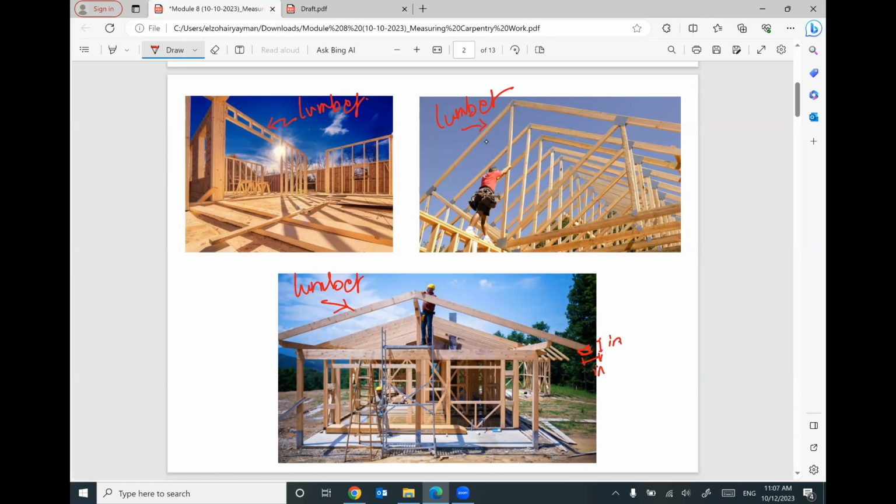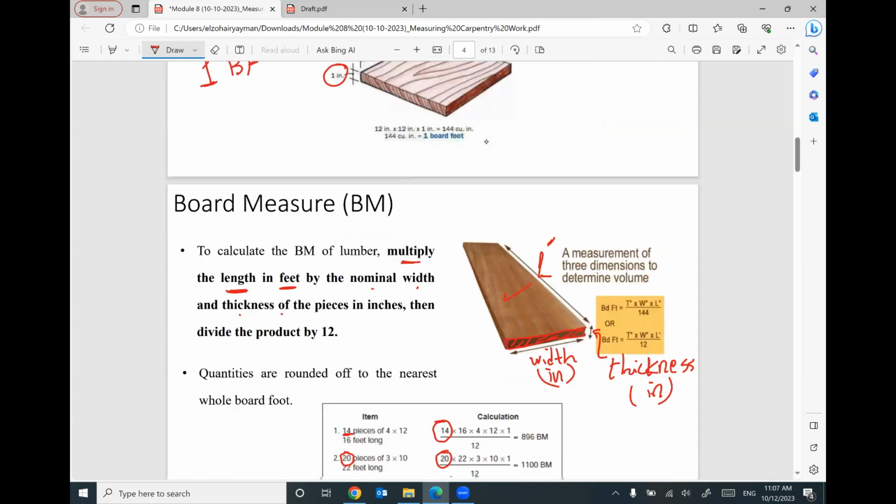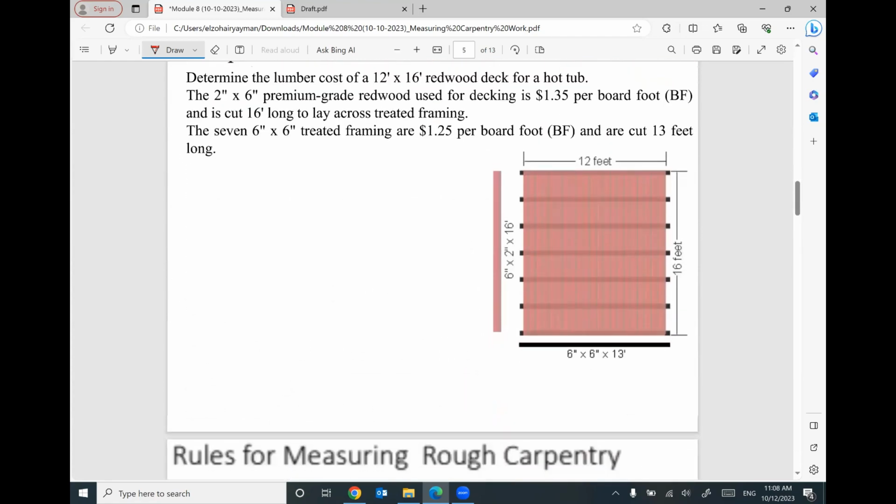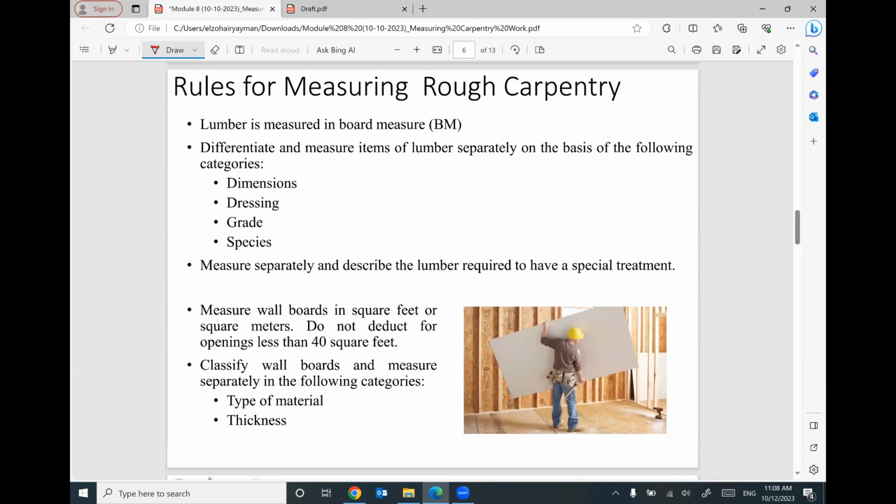If you multiply both of them by the length of this piece, you can convert this piece to how much board foot or board measure. Then you need to multiply this amount by how many pieces you have. As you see in this photo, this piece is repeated many times. And we started this example last meeting.